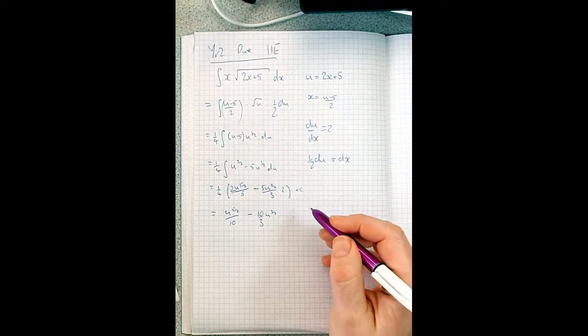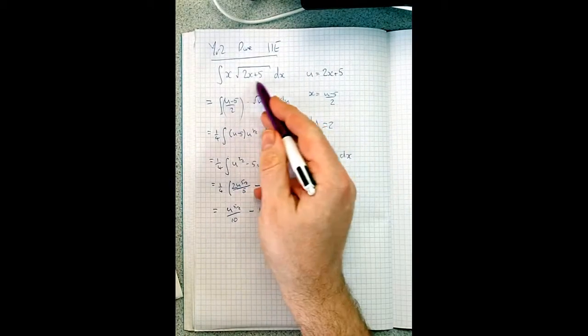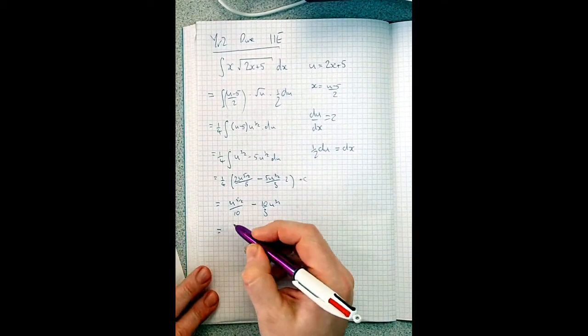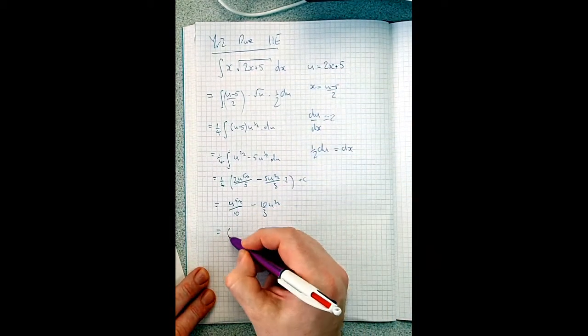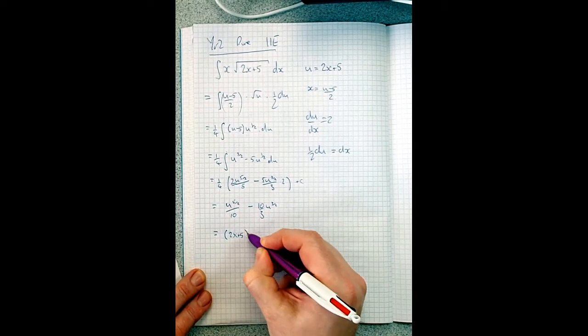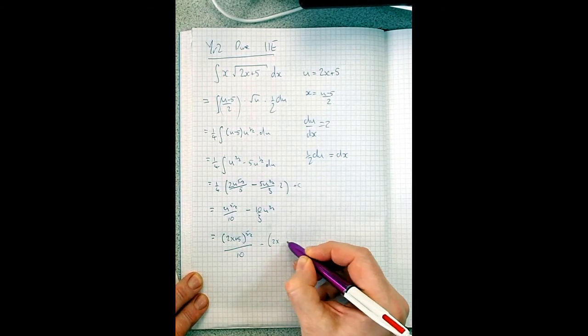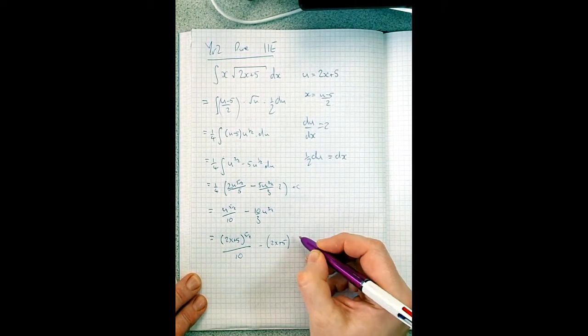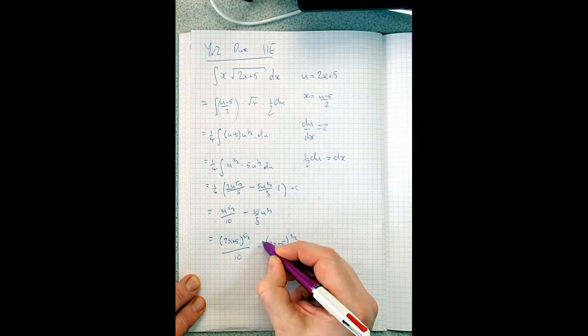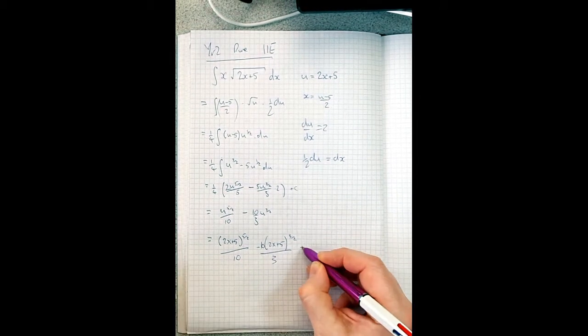Not forgetting that I actually want my answer to be in x because the question was in x. So replace my u with 2x plus 5. I've got my 10. There you go.